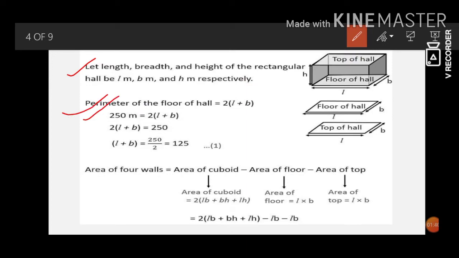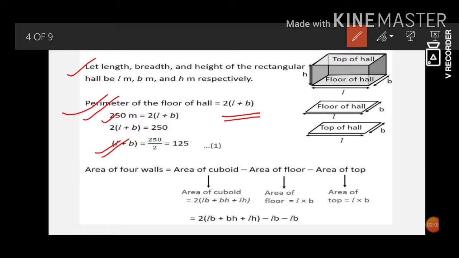So the perimeter of a rectangle is always 2 into (L plus B), which is 250 meter, equals 2 into (L plus B). If we solve for L plus B, we will get 250 by 2, that is 125 meter. This is our first equation, and this L plus B will be needed further in the sum.